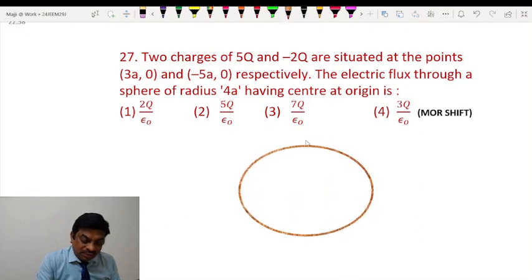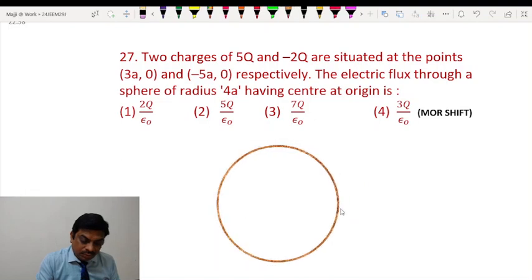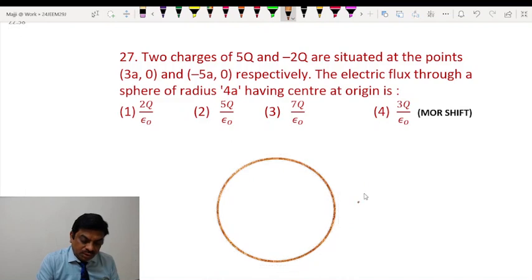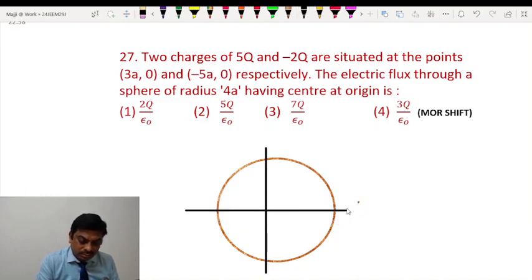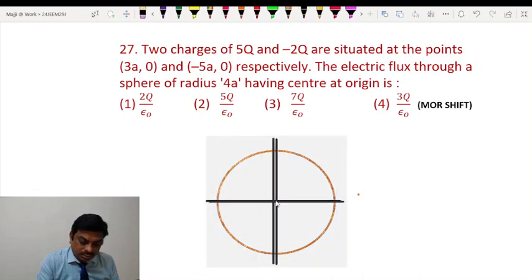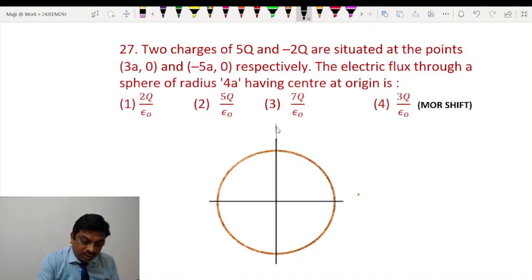So suppose we have a sphere. So this is the sphere, students, and this is the x and y axis I have taken.